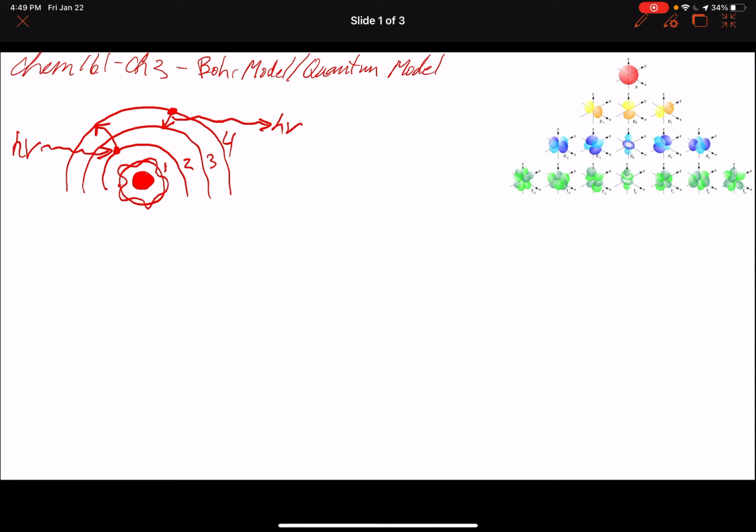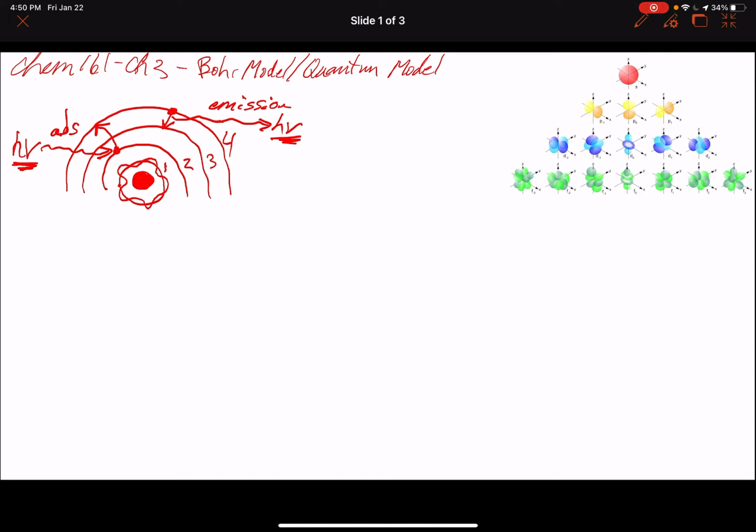So this leads to the concept of the absorbance of a photon, h nu, or the emission of a photon, h nu, and the difference between the energy levels of the orbit n equals 1, 2, 3, or 4, etc. gives us some ideas about the wavelengths and frequency and ultimately the energy, of course, of that photon.